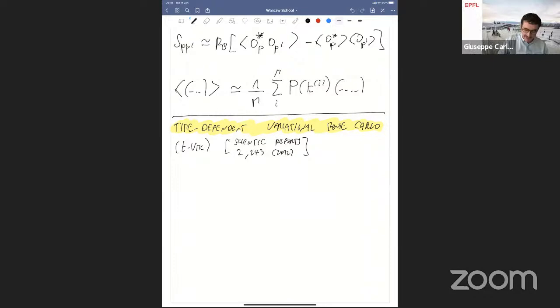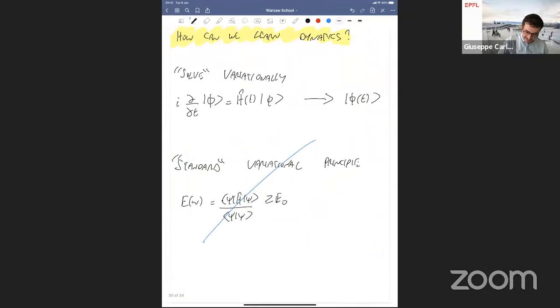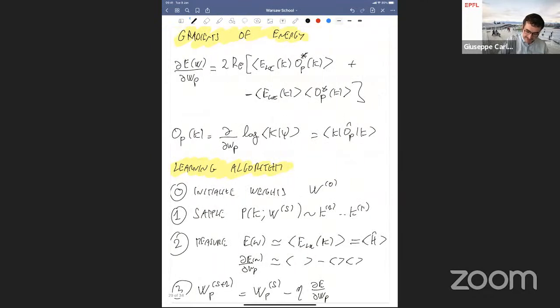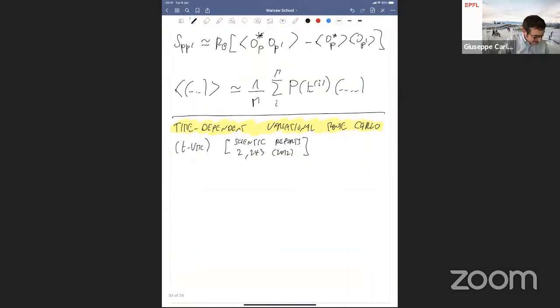And this method is a relatively straightforward extension of this learning algorithm that I wrote here, in the sense that what you do now is, step 0, you have your initial weights W at t equals 0.